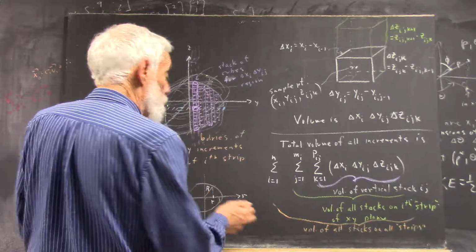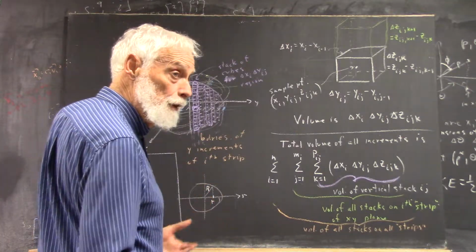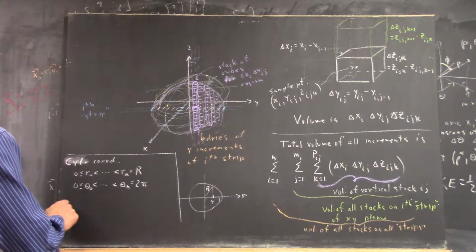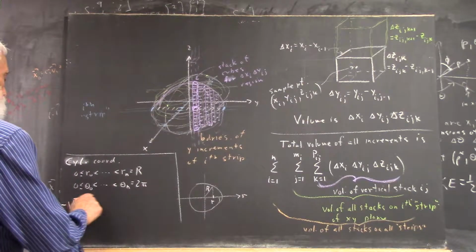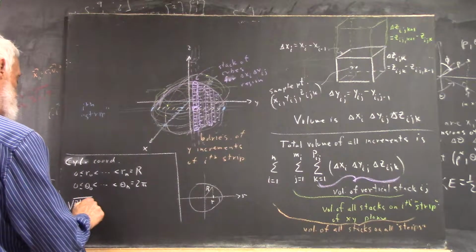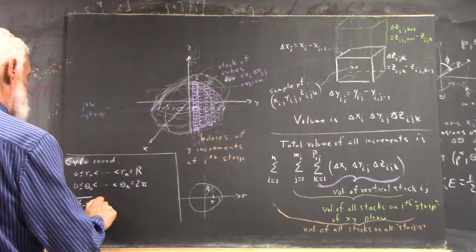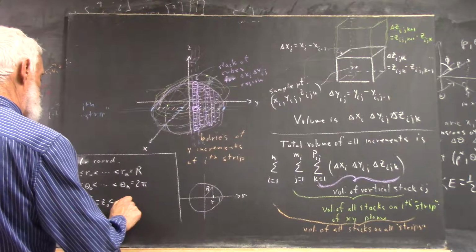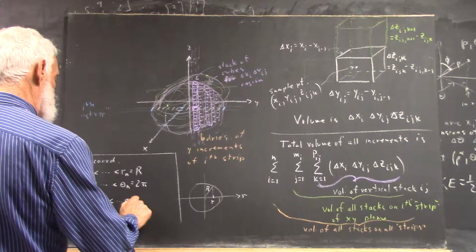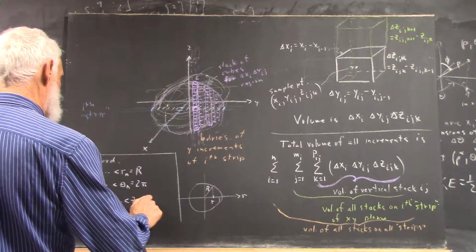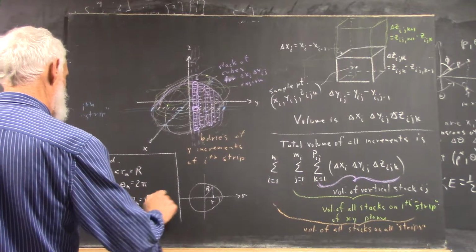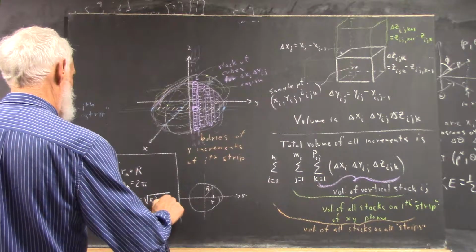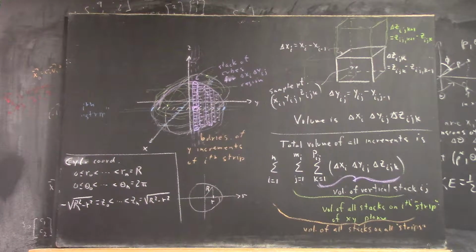And this is the square root of big R squared minus little r squared, giving us, okay.